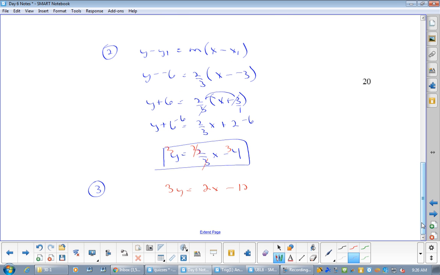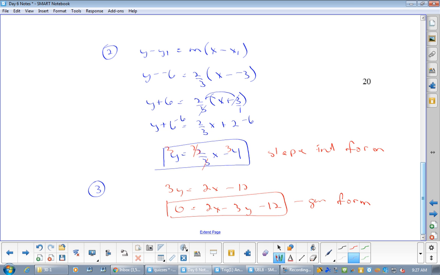Now you could subtract first, that's fine, but you would find that you get the same answer. So 0 equals 2x minus 3y minus 12. Okay, and let's just write gen form here. Slope int form and slope point form.